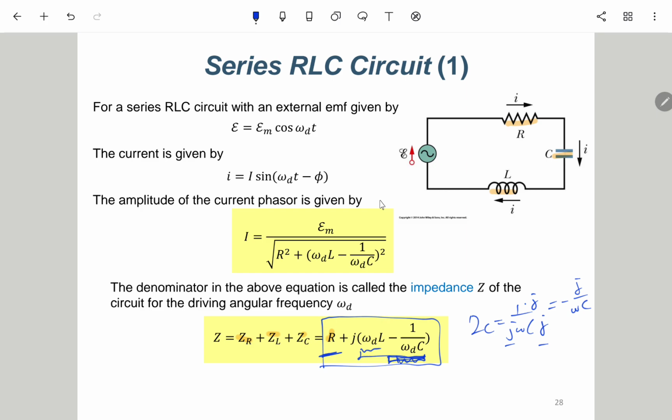So actually, this part is like the impedance.